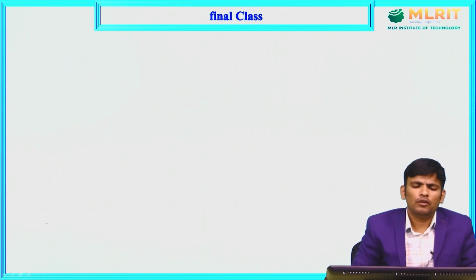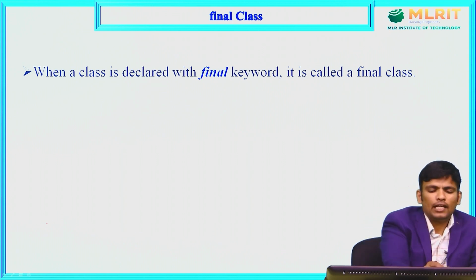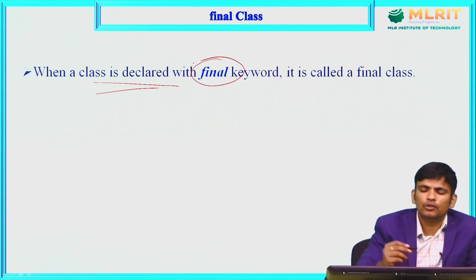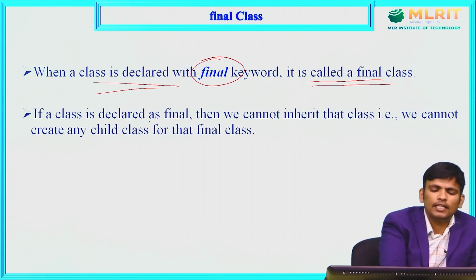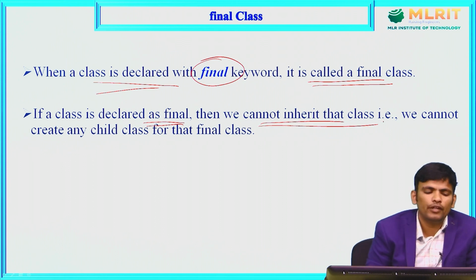So coming to a final class, if you apply the final keyword to a class, now what is the behavior? Now we will see. When a class is declared with the final keyword, it is called a final class. If a class is declared as final, then we cannot inherit that class. So we cannot create any child class for that class.